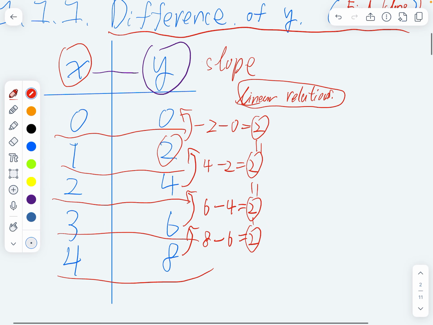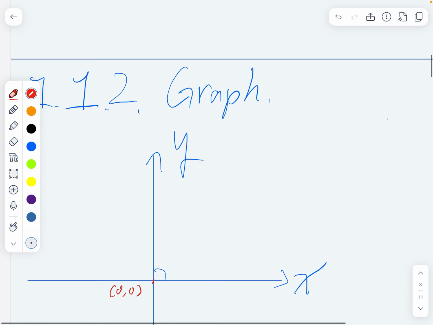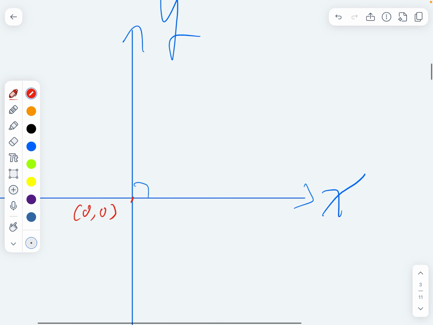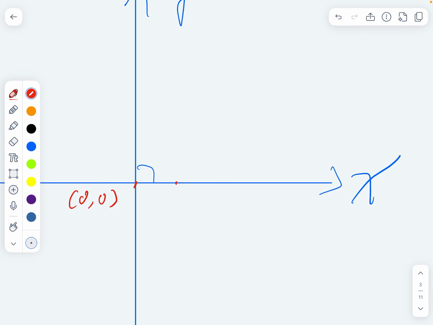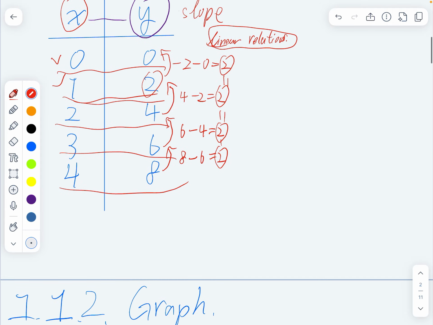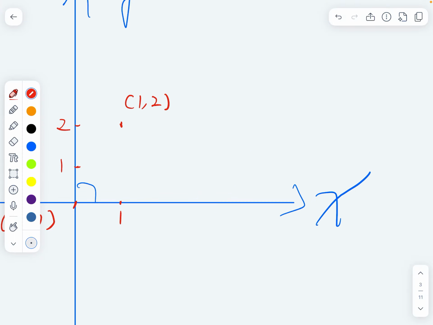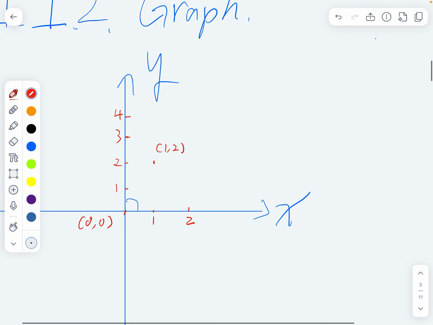The second one is 1, 2. This is 1 and this is 2, so that will be here.